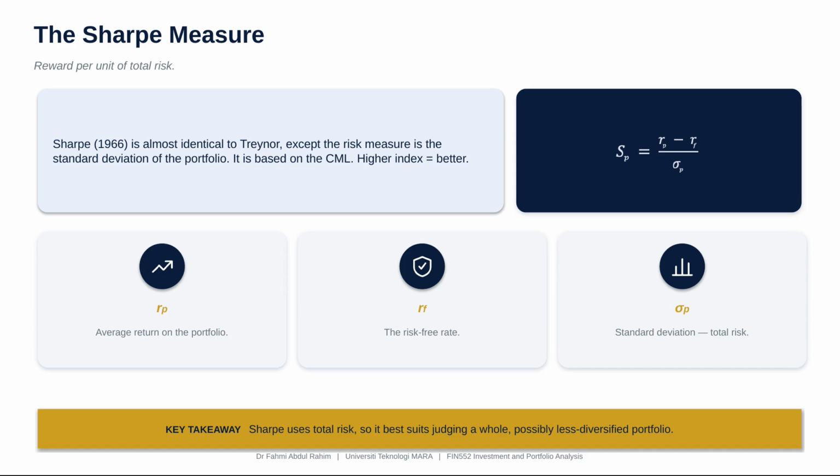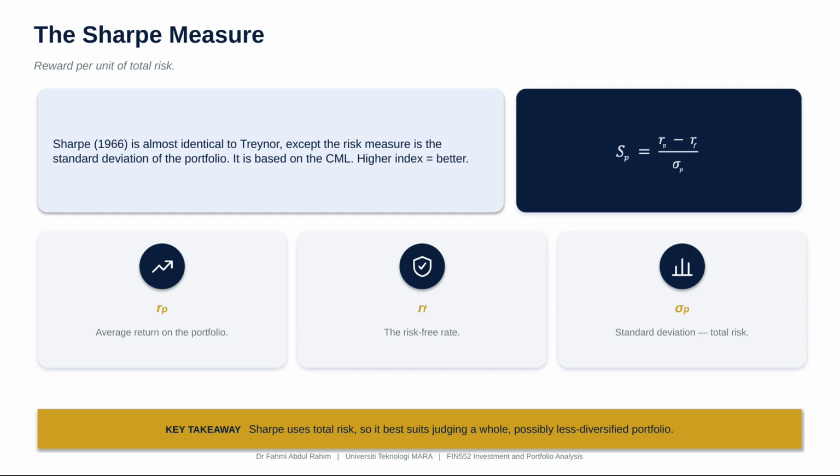It is based on the capital market line, and again, the higher the index, the better. The formula in the navy box is the Sharpe measure, S sub P, equals the portfolio's average return, R sub P, minus the risk-free rate, R sub F, all divided by the portfolio's standard deviation, sigma sub P.